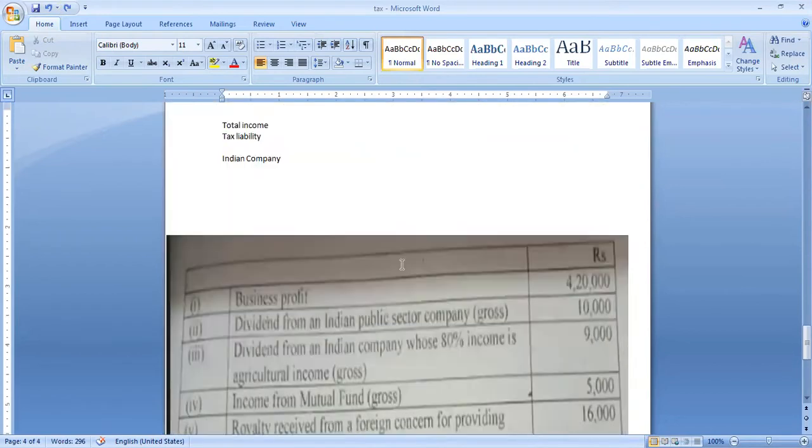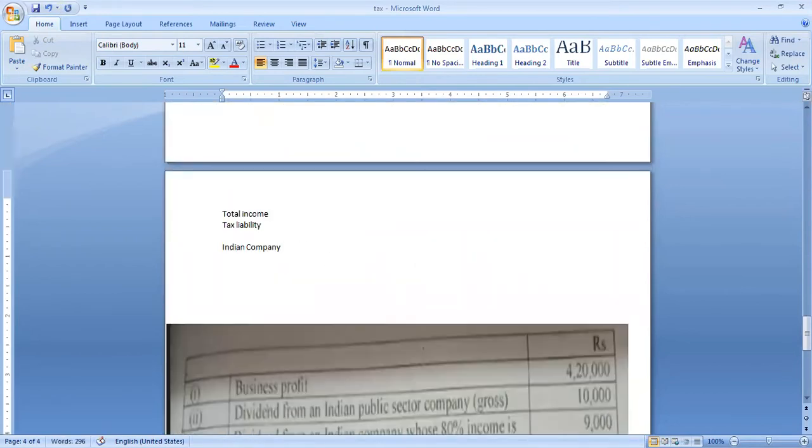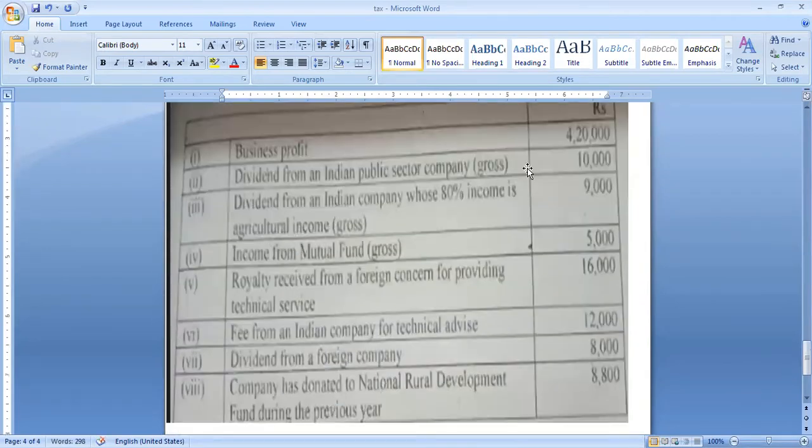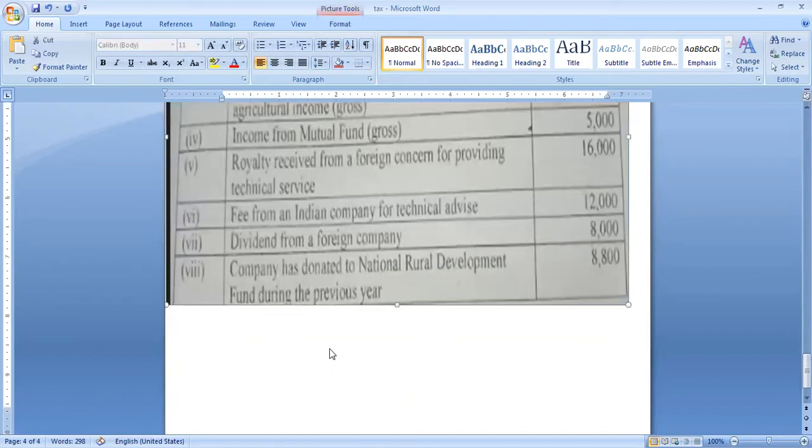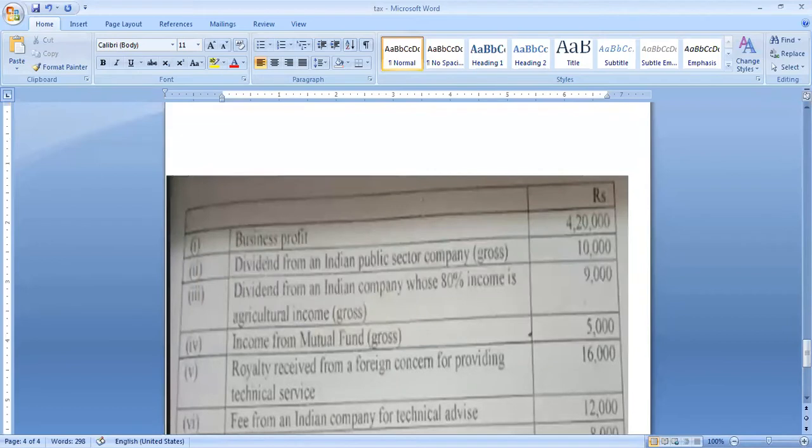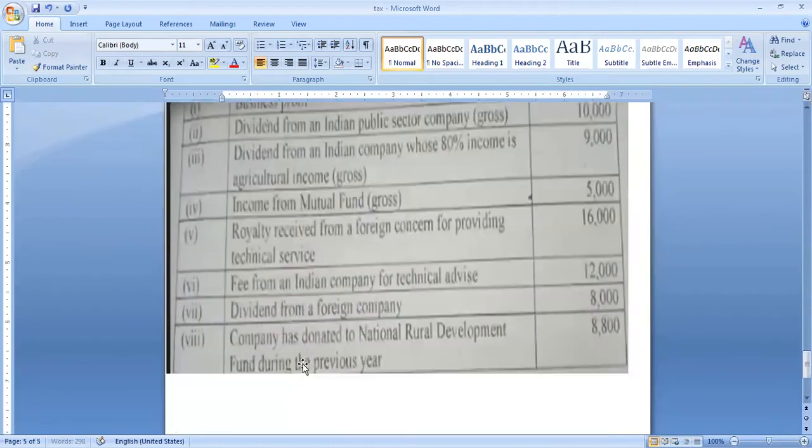This is the problem. Indian company named X, let us take for example. These are the various incomes of it. Now you have to draw the pro forma. I am drawing, you also draw like that.